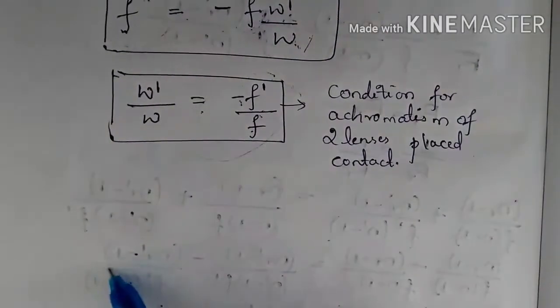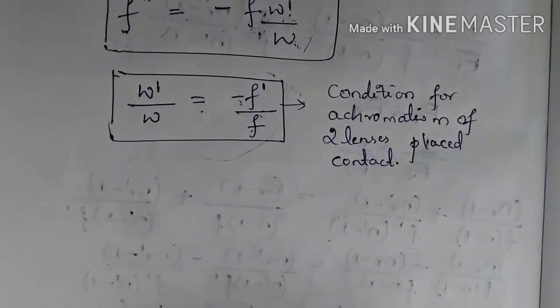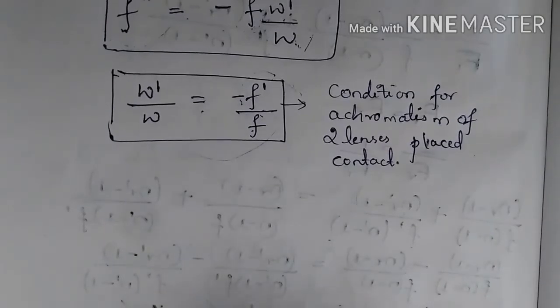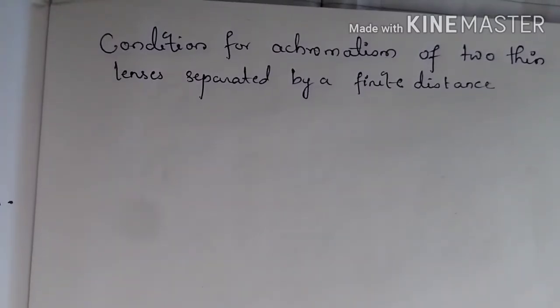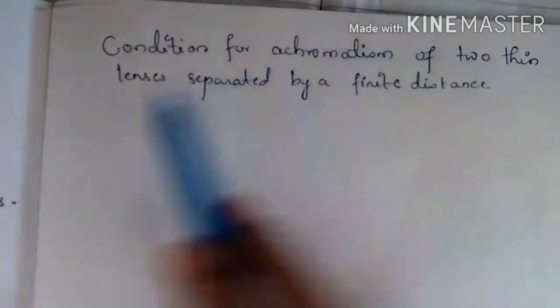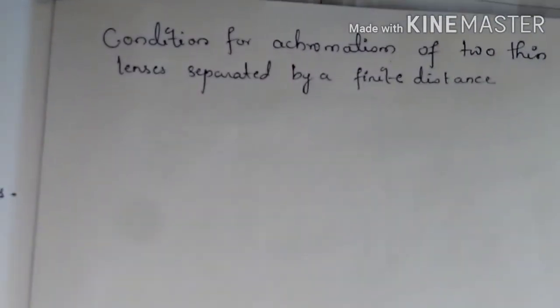So now in this section let us learn what will be the condition for achromatism of two lenses which are separated by a finite distance. So let us learn what is the condition for achromatism of two thin lenses separated by a finite distance.